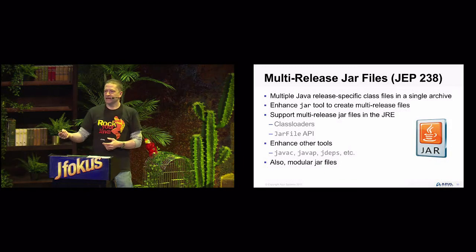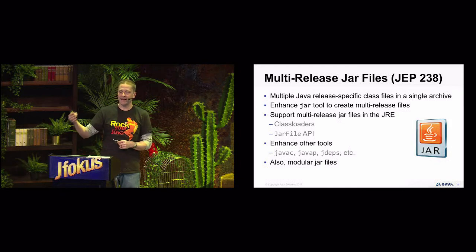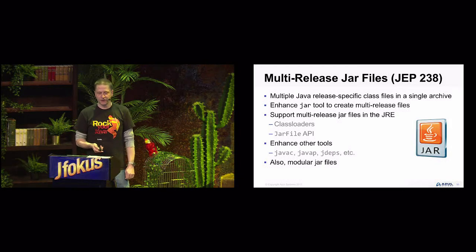Once we get to JDK 10, next month, then you'll be able to have multi-release jar files that will support 9 and 10 as well. Various things were sort of modified to support that, things like javac, javap, and so on.